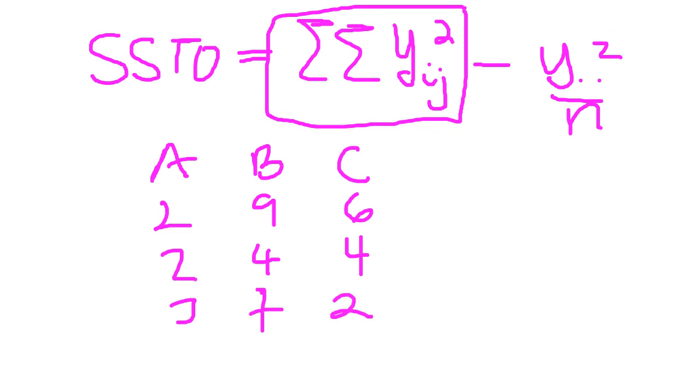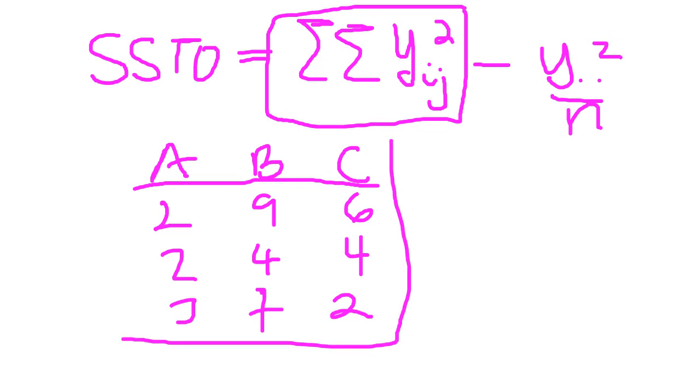My sister, are you there? Yes, sir. Let's find the yij squared, the double summation, right? How do you find it? This is balanced.